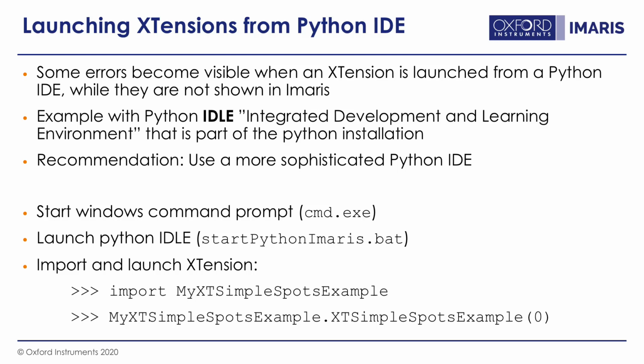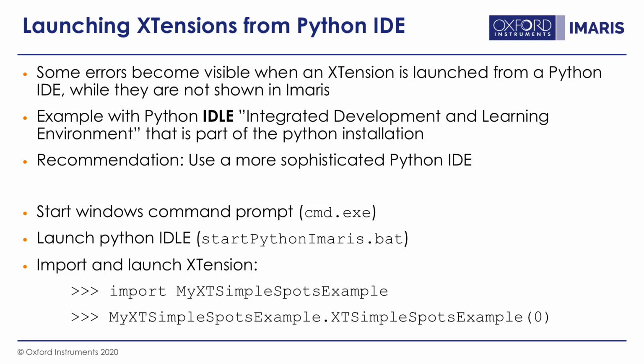Now, if you want to start an extension from the Python IDE, from IDLE, you first start a Windows command prompt with cmd.exe, and then you launch the Python IDLE using the script start Python Imaris. I'll explain later what this batch script does, but it's important that you use this one and not just start the IDLE IDE directly, because then it will not work.